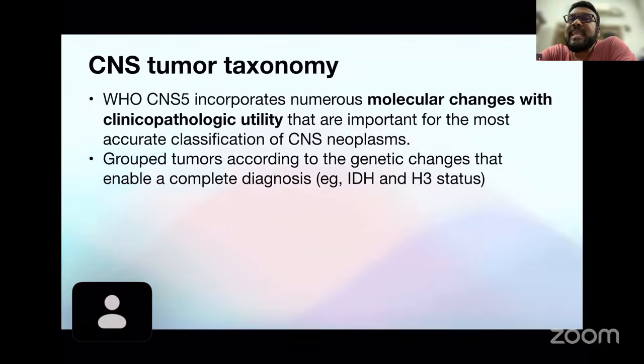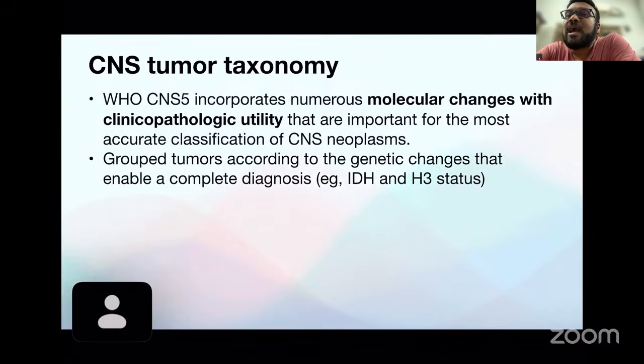So the CNS tumor taxonomy is how a histopathology report is given these days. It incorporates the molecular changes with the clinicopathologic utility that are important for the most accurate classification of CNS neoplasms.